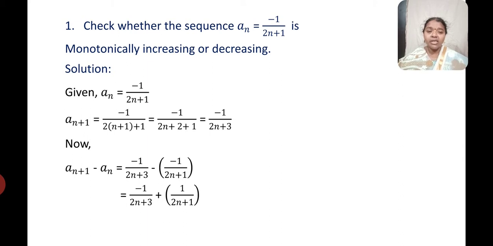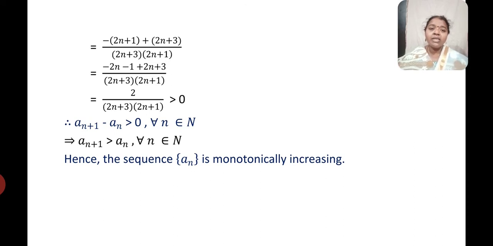Now, let's find the value of an plus 1 minus an, which is equal to minus 1 by 2n plus 3 minus of minus 1 by 2n plus 1, that becomes plus. So we have minus 1 by 2n plus 3 plus 1 divided by 2n plus 1. Our LCM would be 2n plus 3 into 2n plus 1.